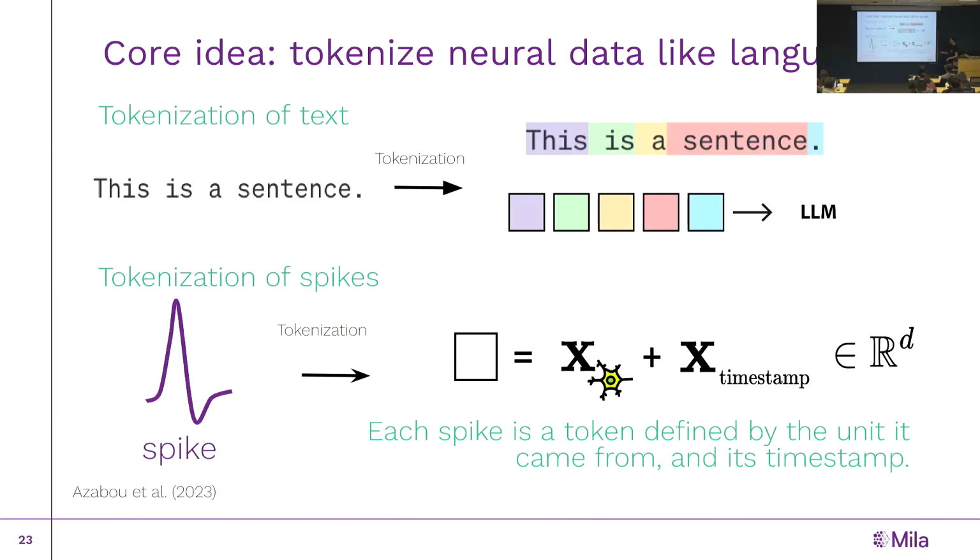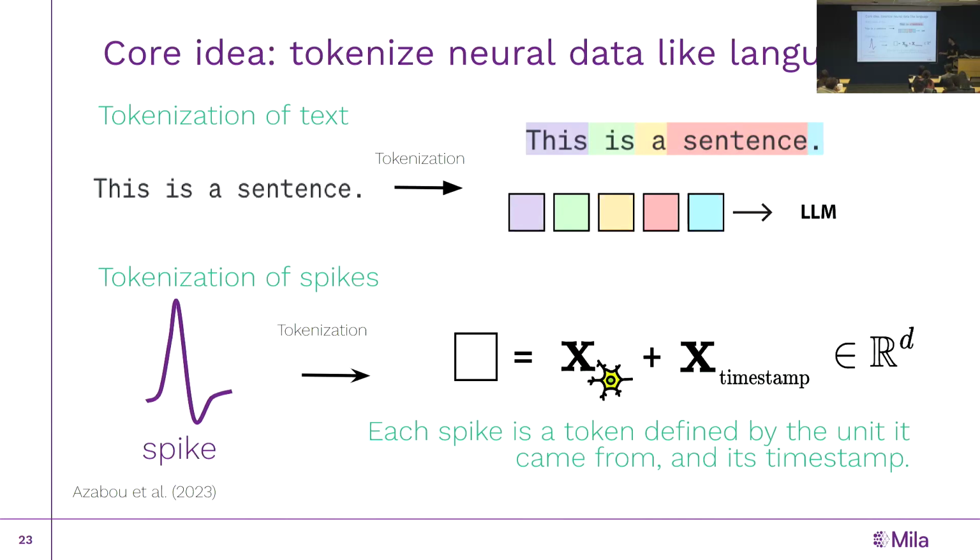So they tokenized spikes rather than neurons. They take a variable that indicates literally just the ID of the unit paired with the recording ID. So you basically just say, this was neuron 1029 in recording 516.